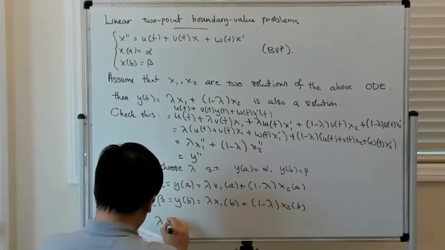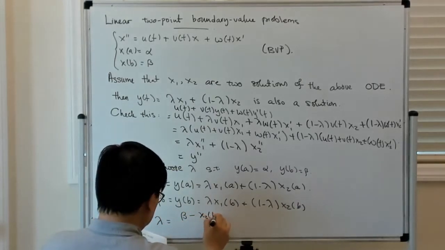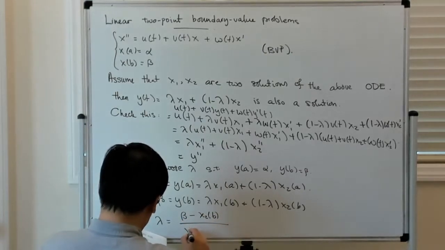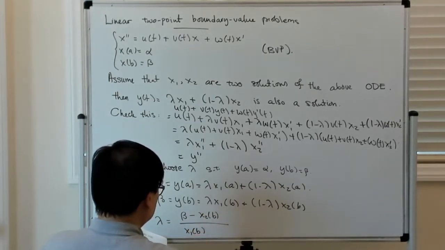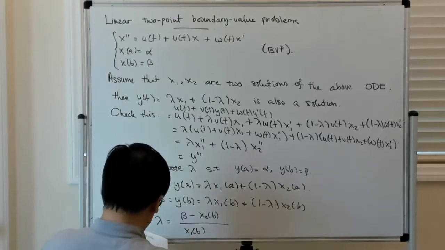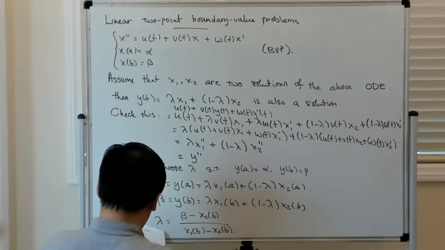So lambda is equal to beta minus x2 of b over x1 of b minus x2 of b.